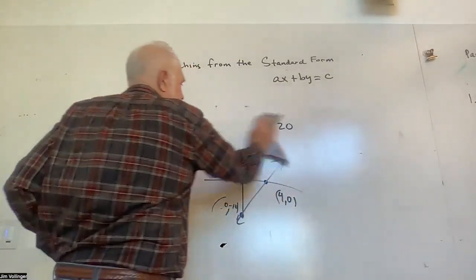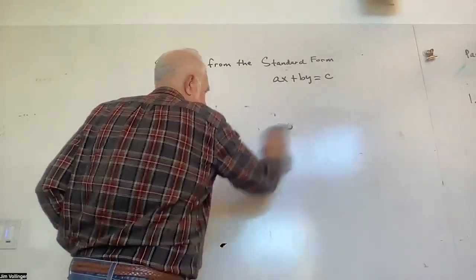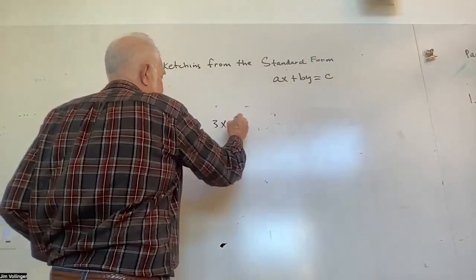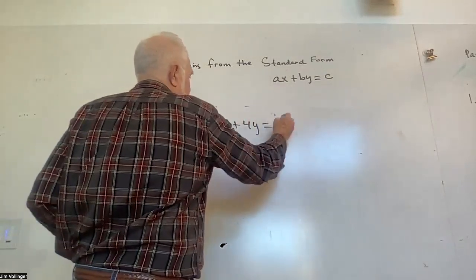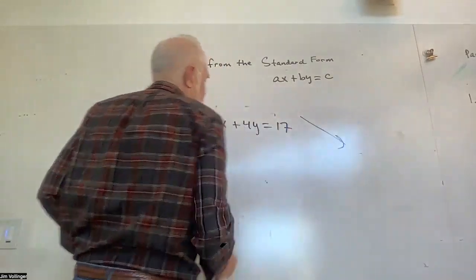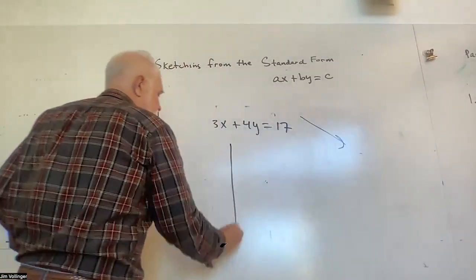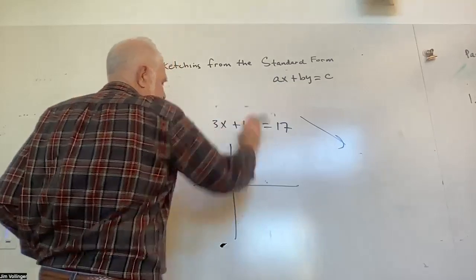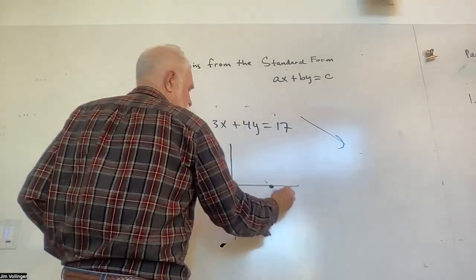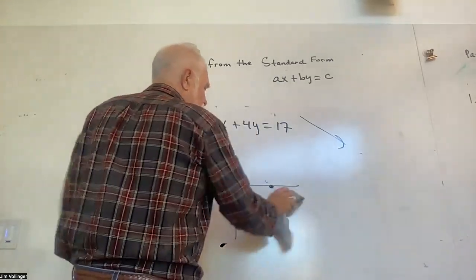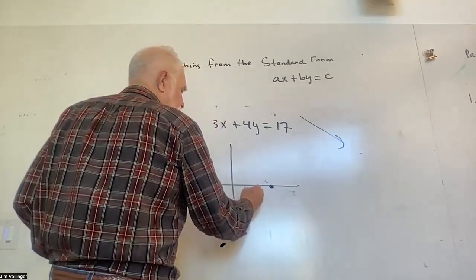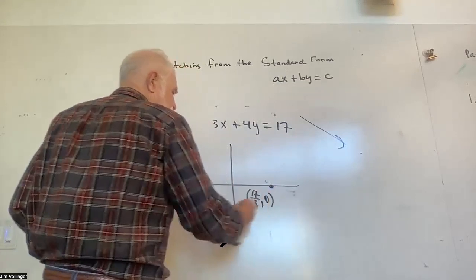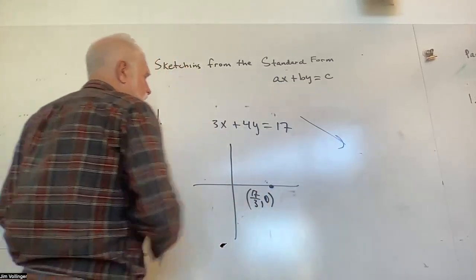Let's do another one. This time we'll do some fractions. Let's do 3x plus 4y equals 17. This will be a decreasing function. Cover up the y's: 17 thirds, a little less than 6. Because I'm going down, put it on this side. 17 thirds gets me the x-intercept.